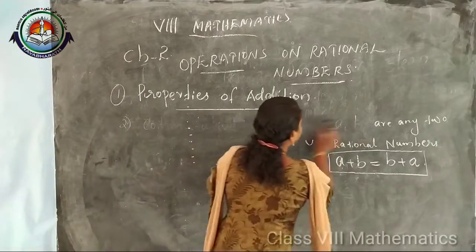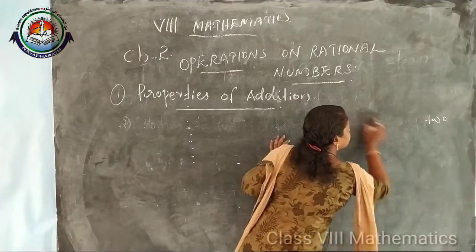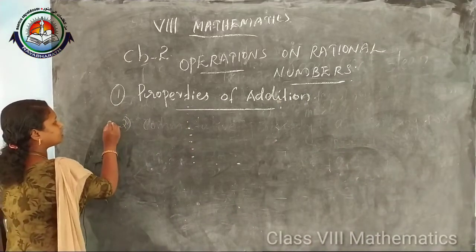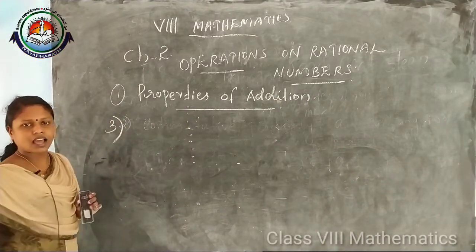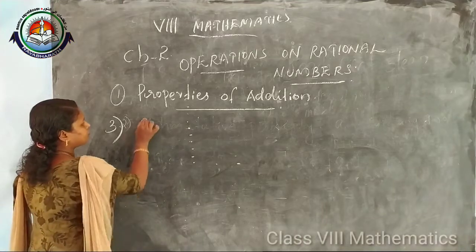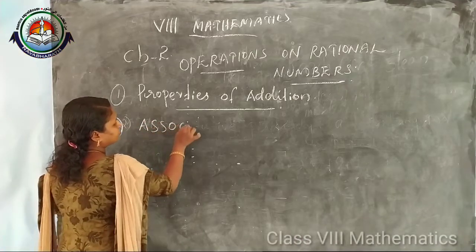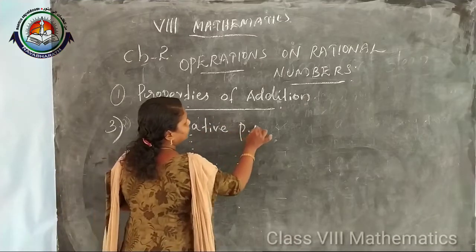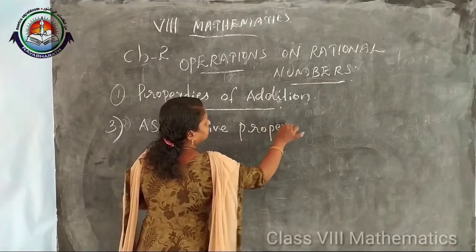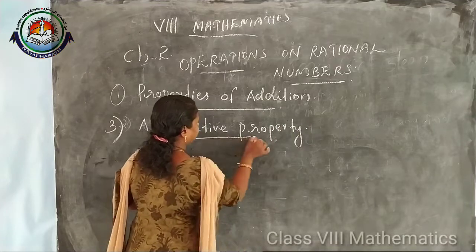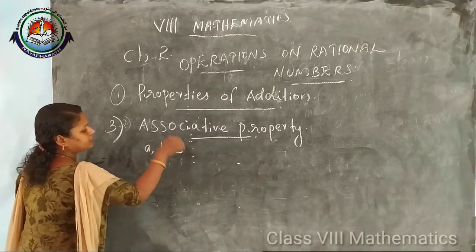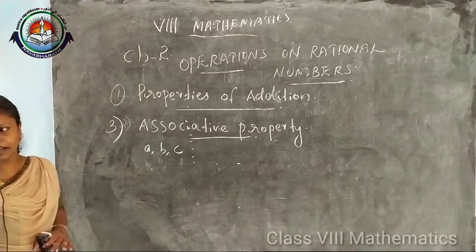Then the third property is the associative property. To verify the associative property, we need three rational numbers. Suppose A, B, C are three rational numbers.